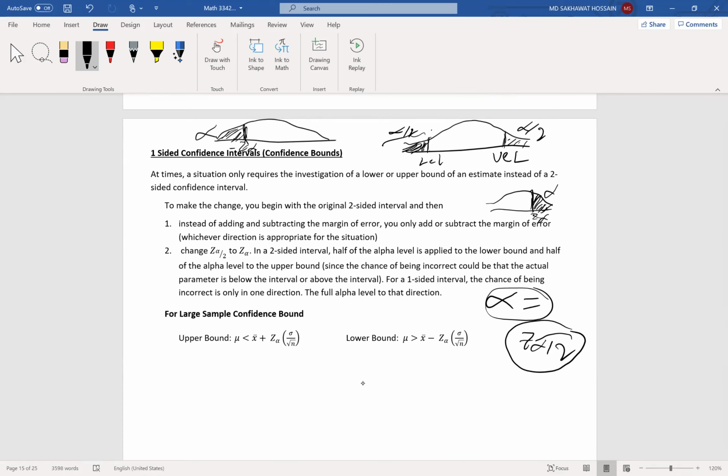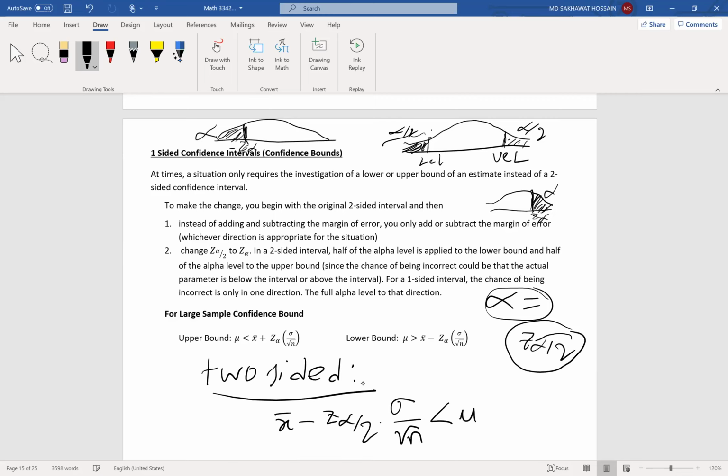When calculating the bounds for two-sided, the lower was x bar minus z alpha over 2 times sigma over square root of n, and the upper was x bar plus z alpha over 2 times sigma over square root of n.